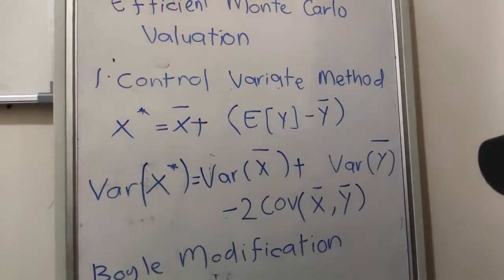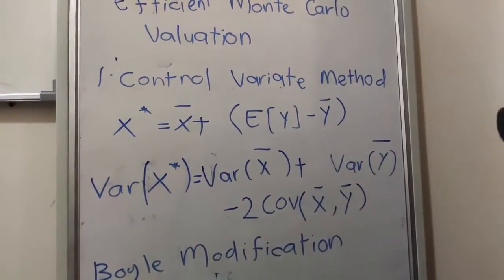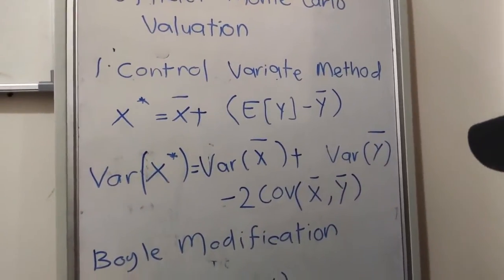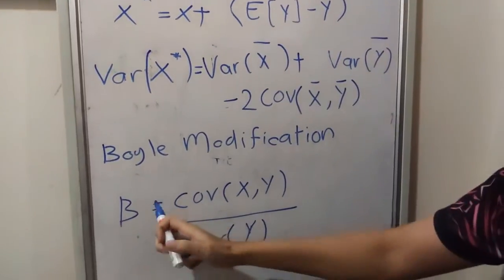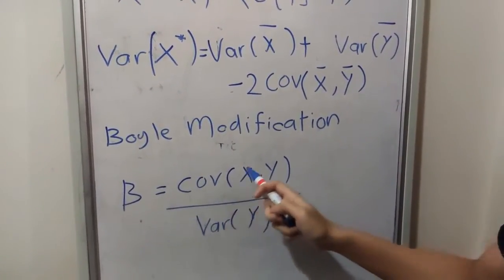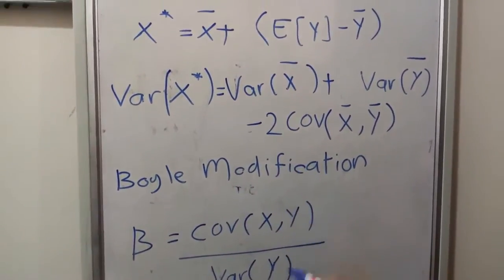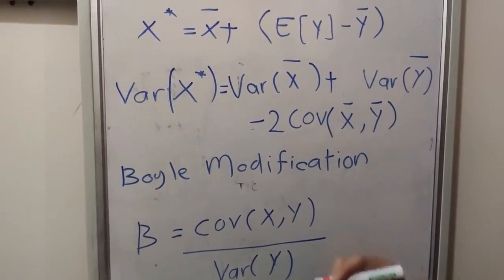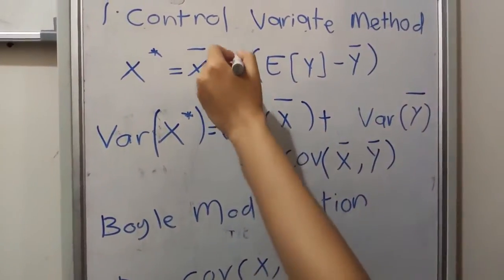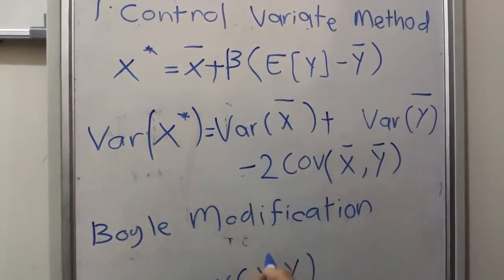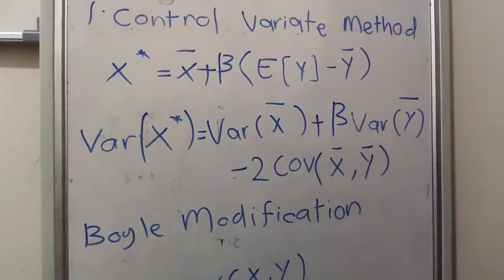In the control variate method, there is also the Boyle modification, where beta equals covariance XY divided by variance of Y. In the Boyle modification, there is an adjustment to the formula, where we add beta in the formula over here and also over here.